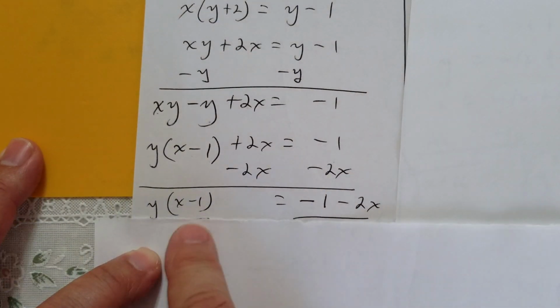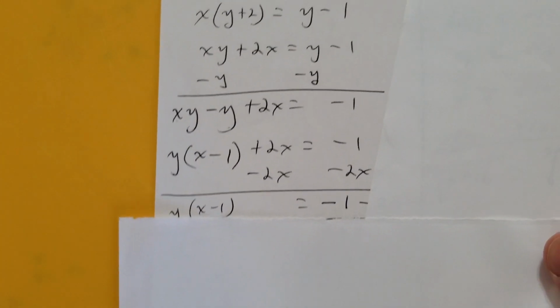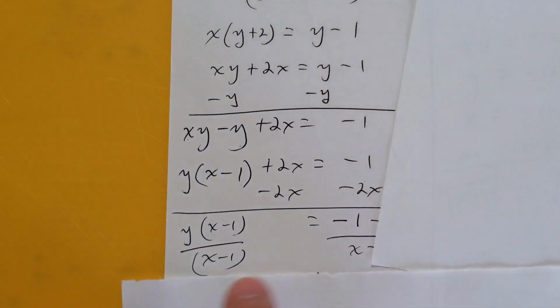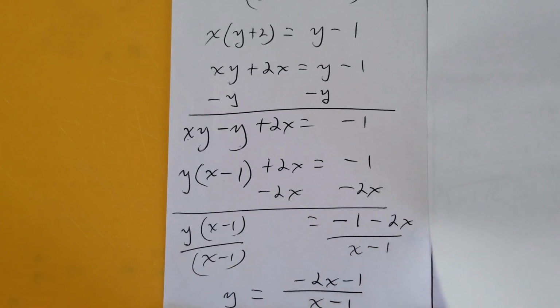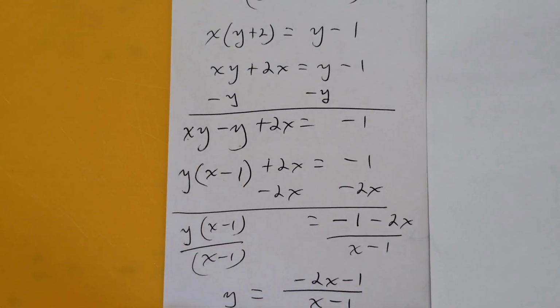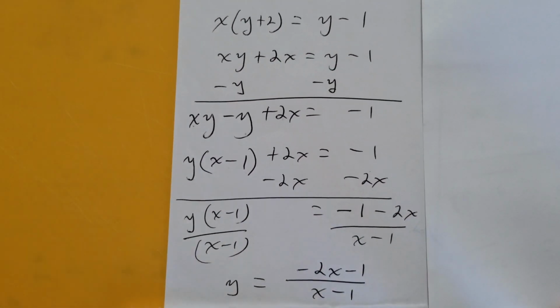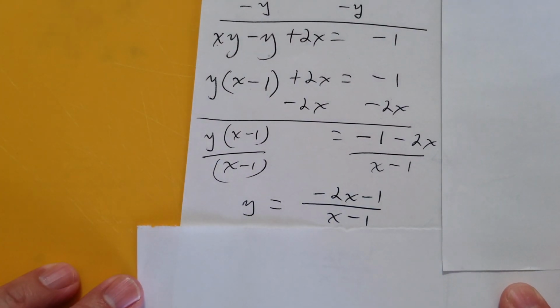Now what? Now I need to get rid of the y minus 1. Since it's multiplication, I divide both sides by x minus 1, and I'm done. There you go. Y equals all of this. So again, if you know the rules of algebra, it really is easy. All you're doing is switching x and y, and then solving for y, okay?